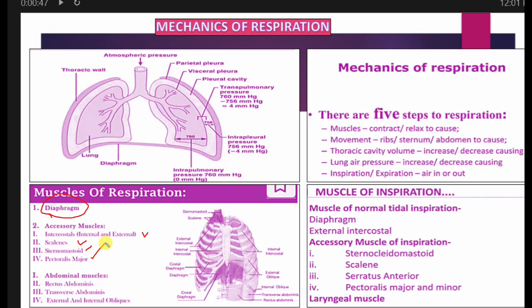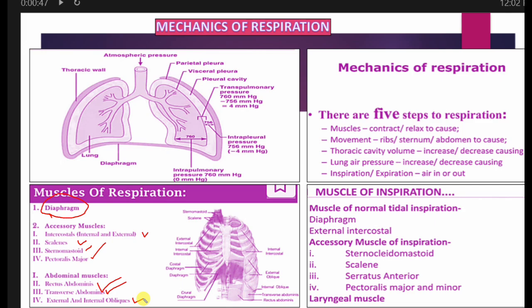And there are muscles that are classified under abdominal muscles, which are the rectus abdominis, the transverse abdominis, and the external and internal oblique muscles.